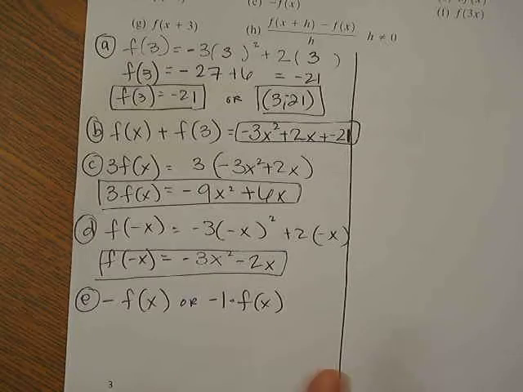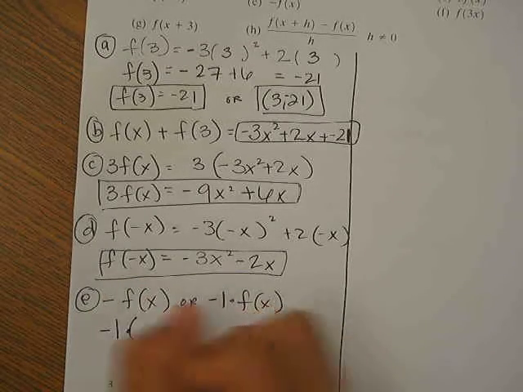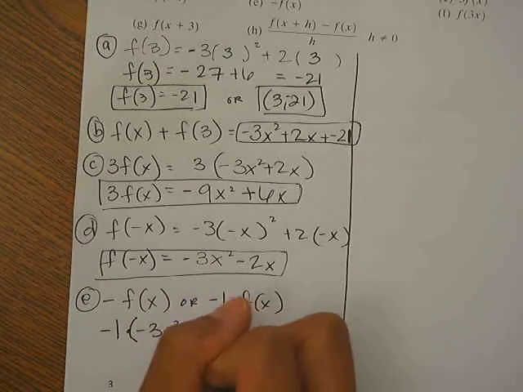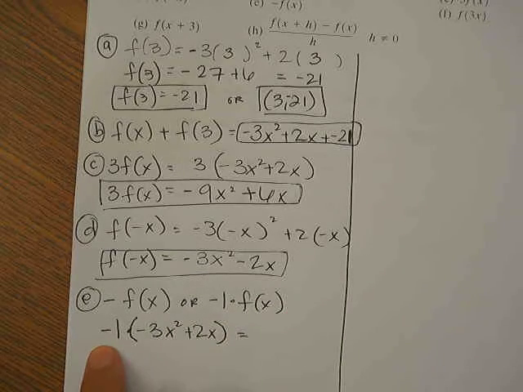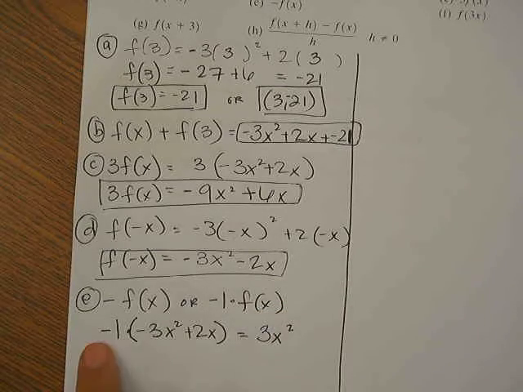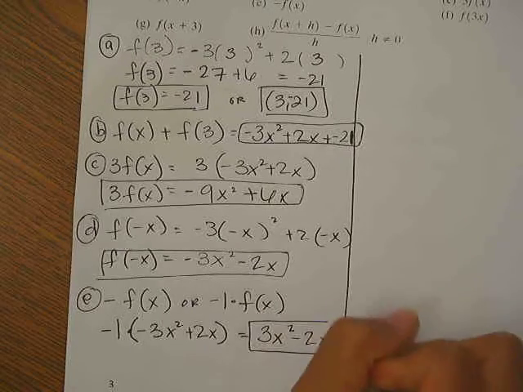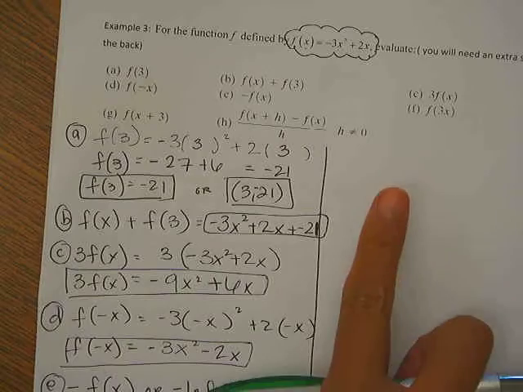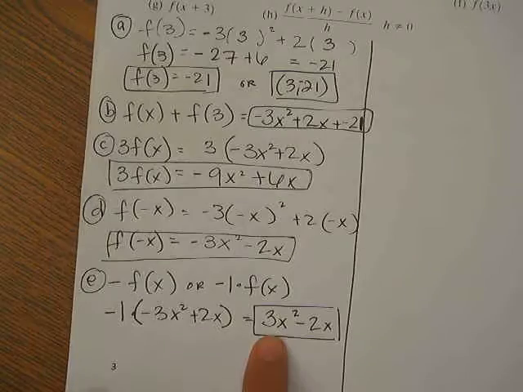F of x is negative 3x squared plus 2x. Let's distribute. Negative times a negative is a positive 3x squared. Negative 1 times positive 2x is minus 2x. And notice how this is my answer. Because I multiplied by negative 1, notice how the signs right here have changed.